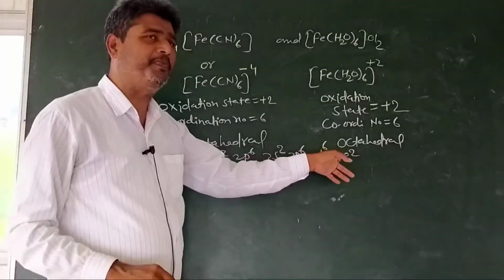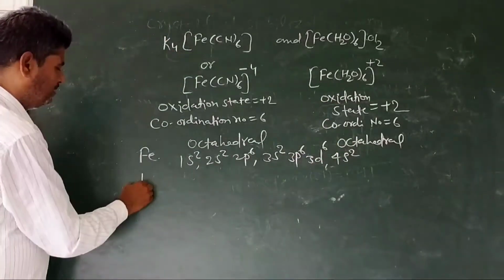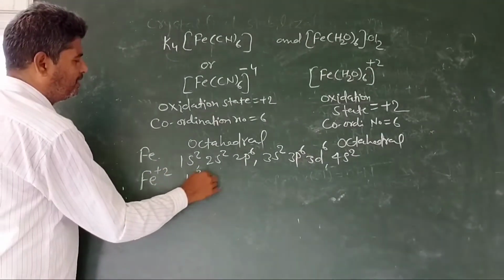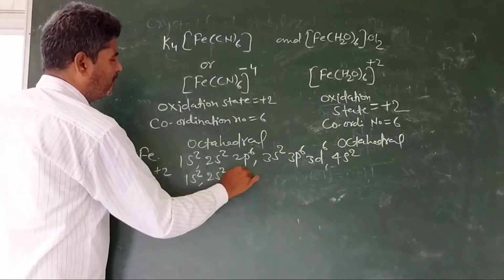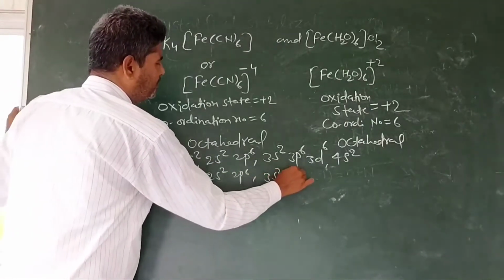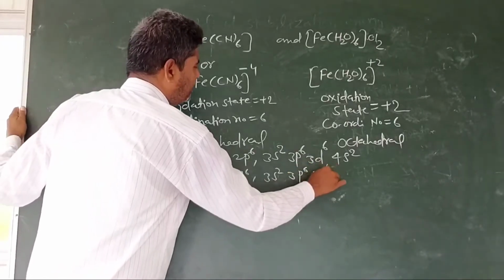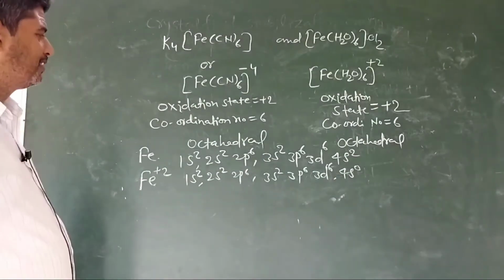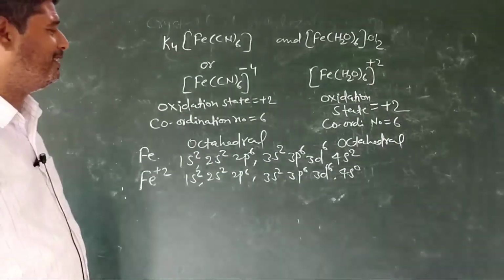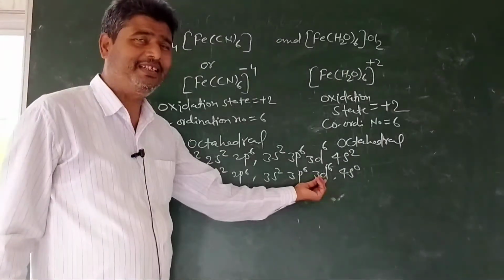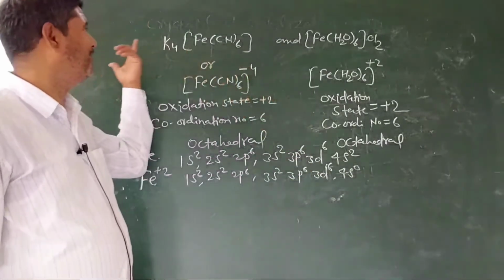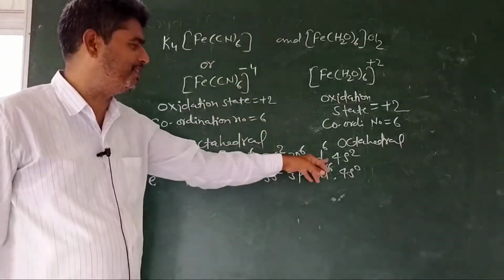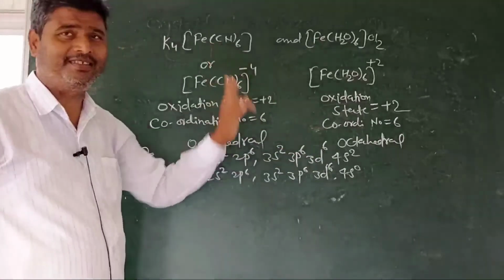For the ferrous ion, Fe2+: 1s2, 2s2, 2p6, 3s2, 3p6, 3d6, 4s0. Now the number of electrons in the d orbital is 6. It means the given coordination compound belongs to the D6 system.